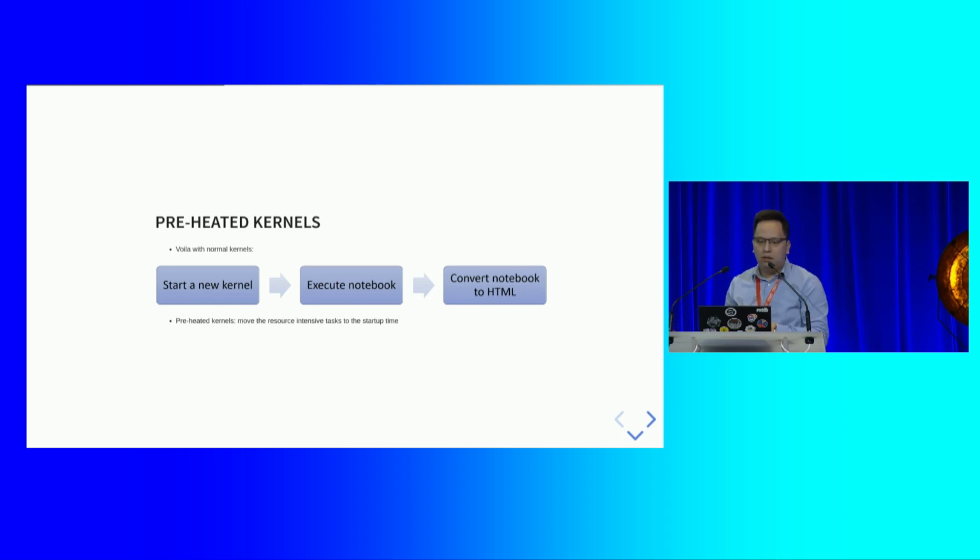So the idea behind the preheated kernel is to move the resource-intensive tasks, in this case the kernel startup and the notebook execution, into Voila startup time instead of dashboard startup time. In that case it can drastically reduce the loading time of the dashboard.